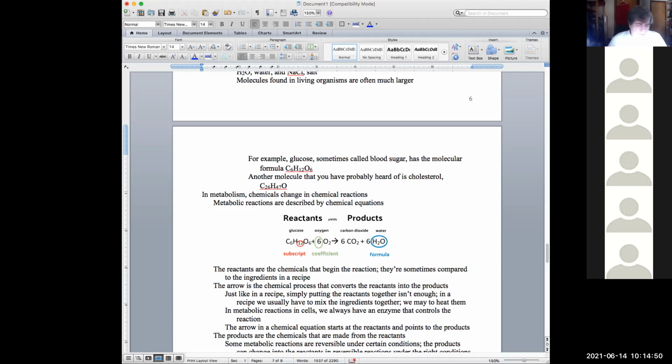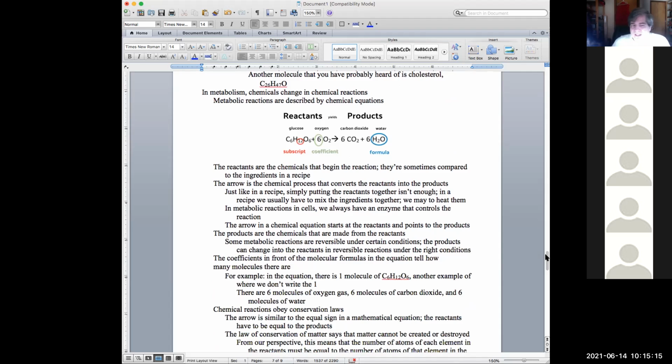If you saw that TV show a couple of years ago, The Big Bang Theory, they are physicists and they're talking about quarks and the Higgs boson and things like that. These are things that are smaller than protons, electrons, and neutrons and combine to make them up. We're not going to worry about those. If you want to learn more about quarks, you have to take a class in physics.